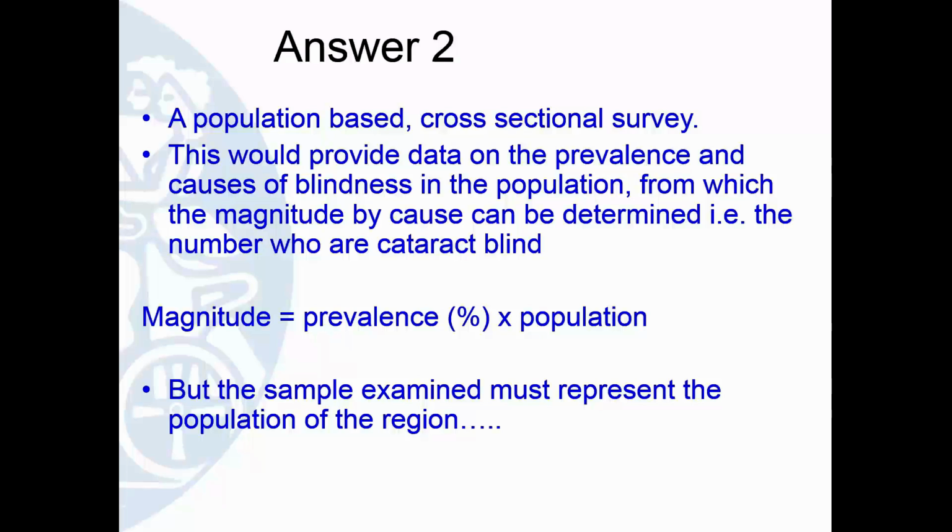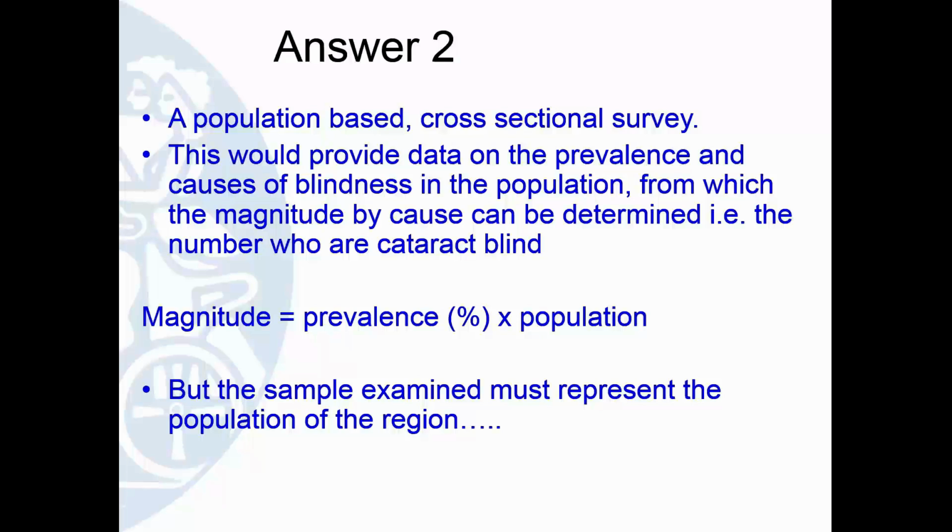It's then possible, if you have collected a big enough sample in a careful way, to be able to make inferences about the whole population from which your sample came.